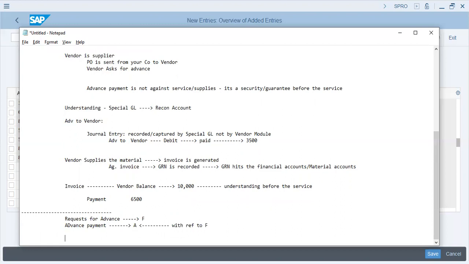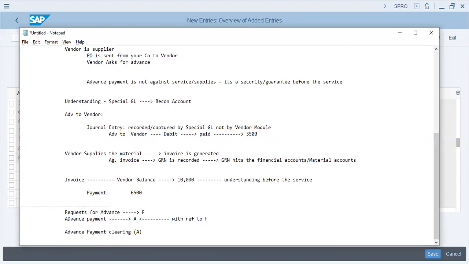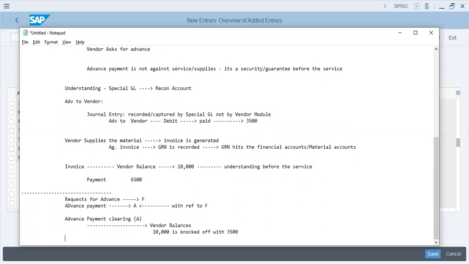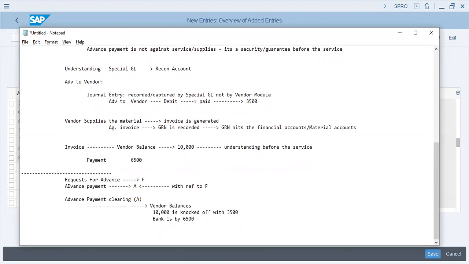Don't get confused with A and F. Achha, advance payment and advance payment clearing. So when payment is generated under symbol A, this is then forwarded to vendor balances, and then 10,000 is knocked off, while bank is reduced by 6,500. That is special GL. That is it, guys.